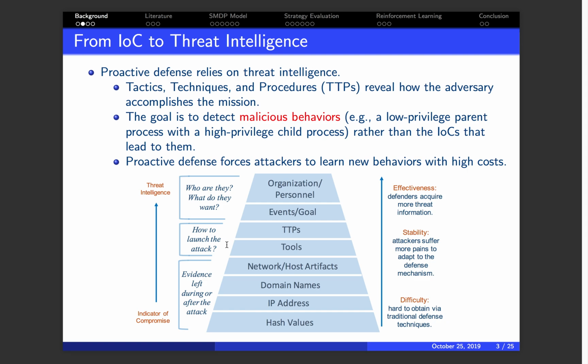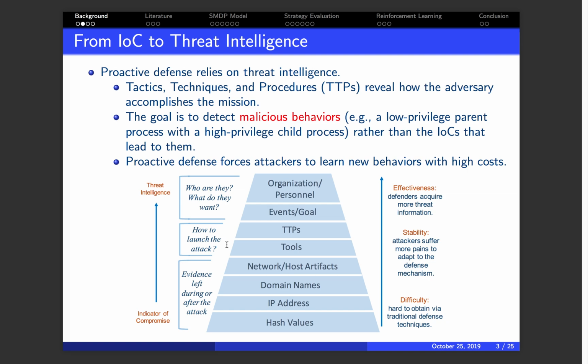The goal of proactive defense is to detect malicious behaviors rather than the IOCs that lead to them. If we can achieve that, attackers have to learn new behaviors at a higher cost.